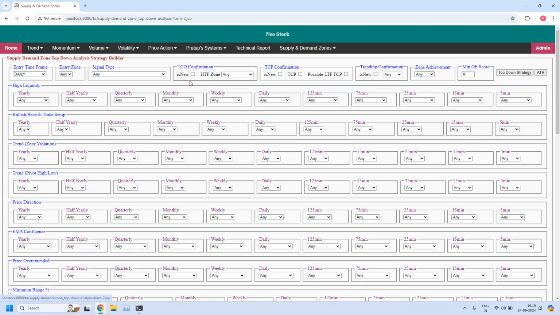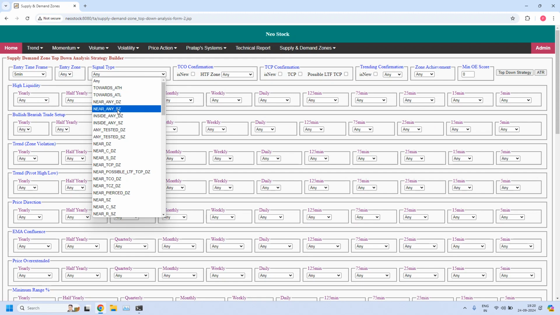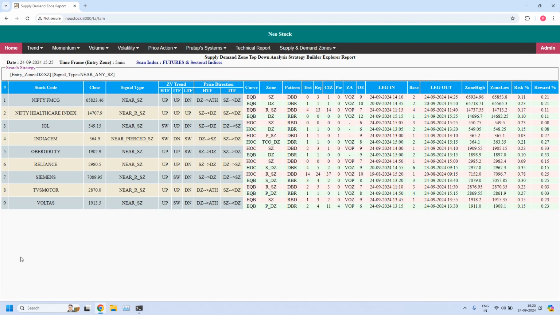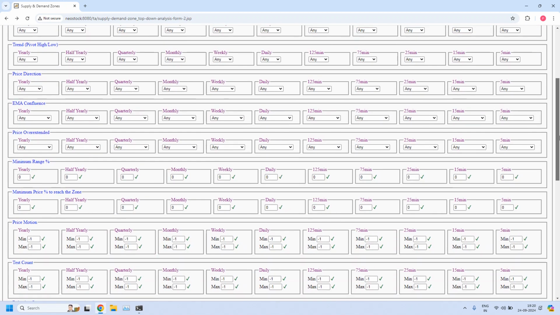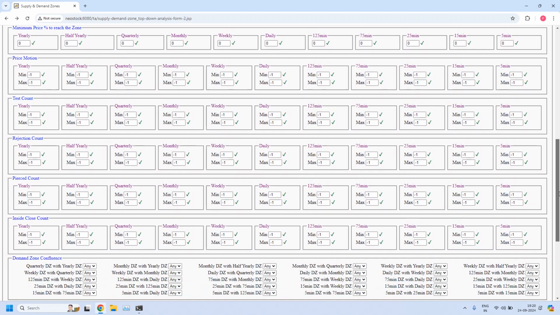Okay, next for the 5 minutes time frame, let us find the stocks near the 5 minute supply zone. 9 stocks are filtered. So let us verify how many of these stocks are having ITF supply zone confluence. That means 5 minute supply zone with 15 minute supply zone confluence.